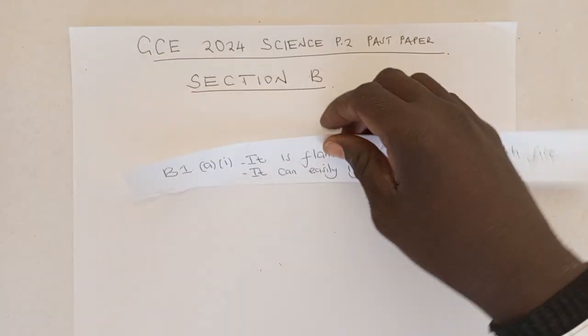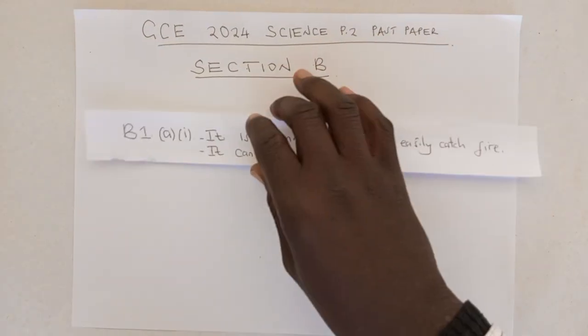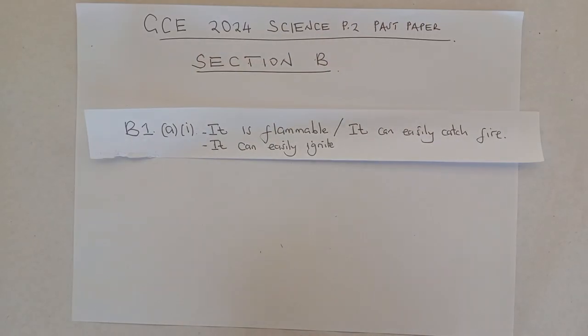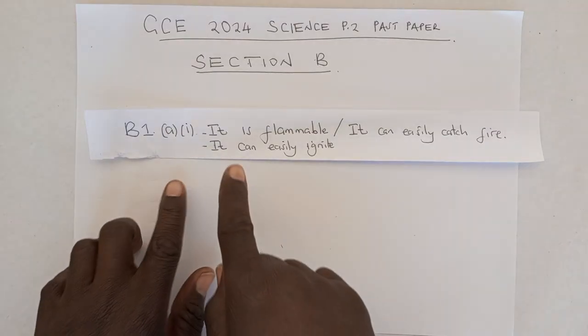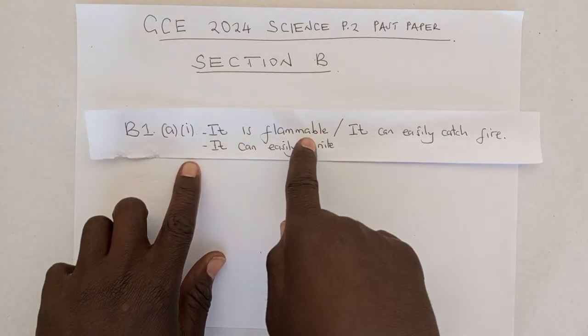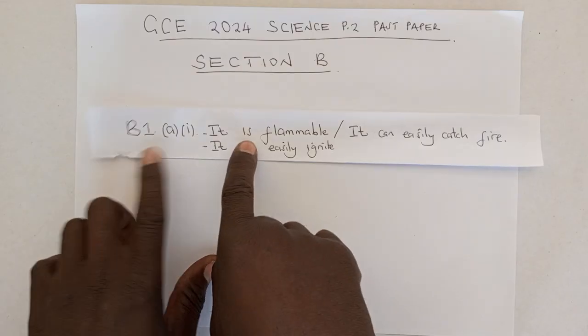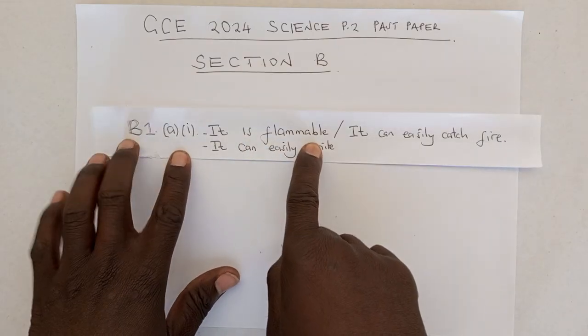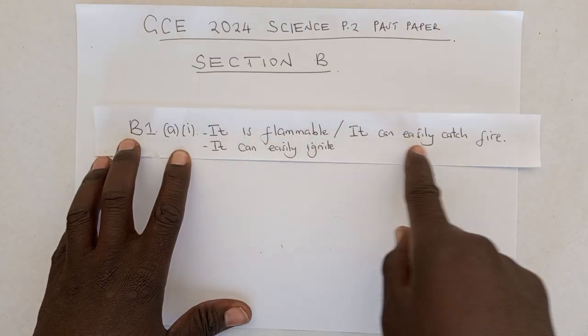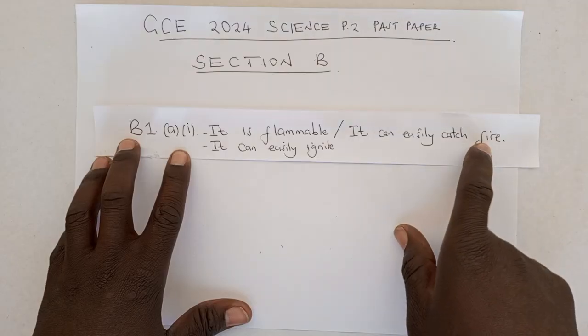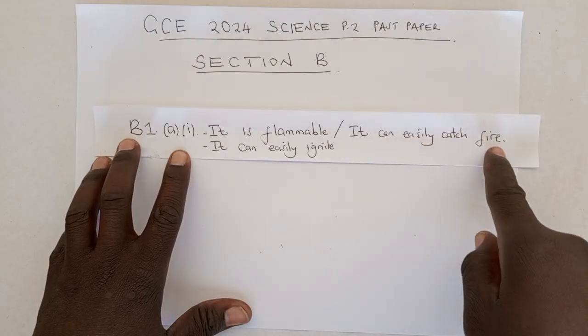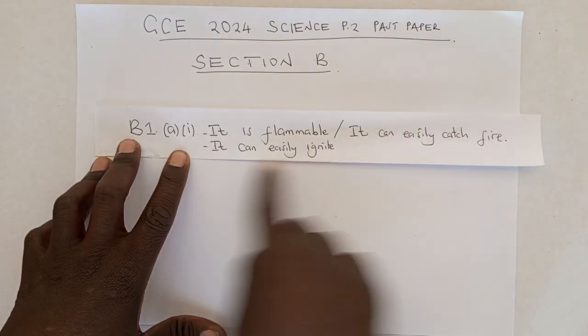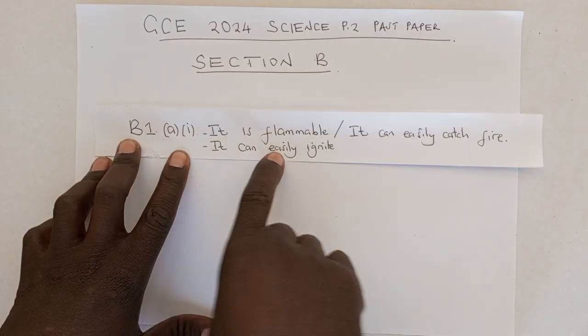So it simply means that the chemicals in the box are flammable. The chemicals in the box are flammable, or the chemicals in the box can easily catch fire, or better still, it can easily ignite.